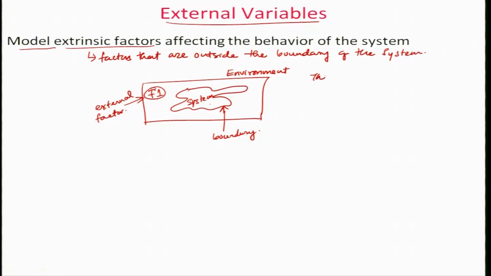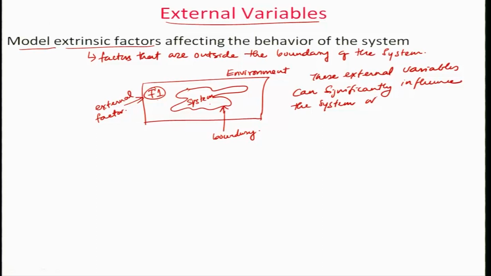So, these external variables can significantly influence the system or vice versa. What we are saying is that it can either significantly influence the system or it might not influence the system at all. Both are possible.